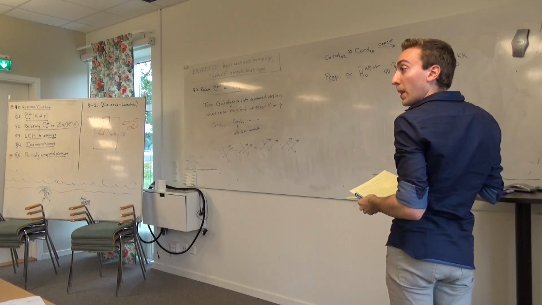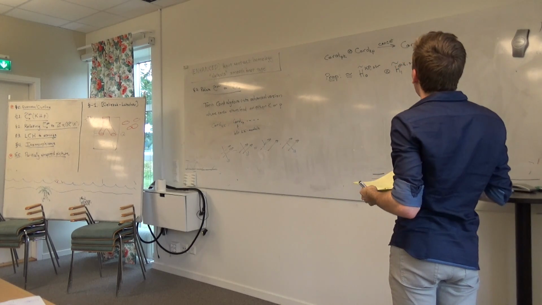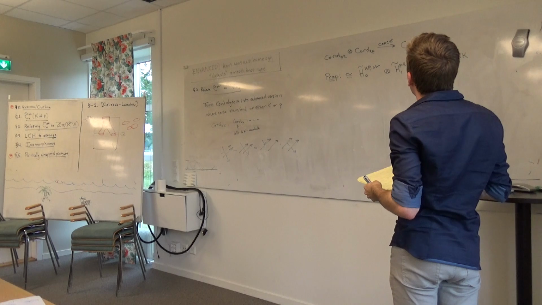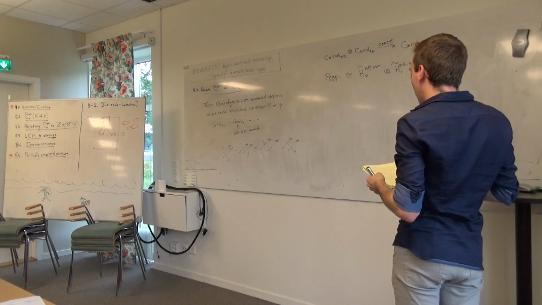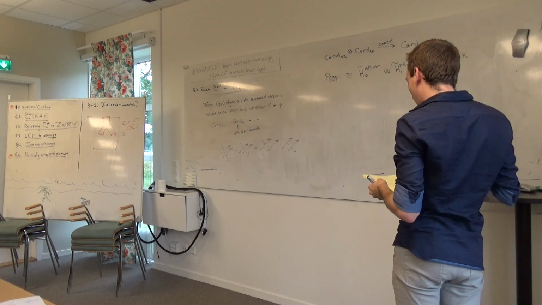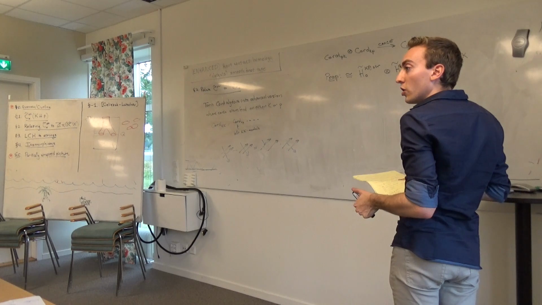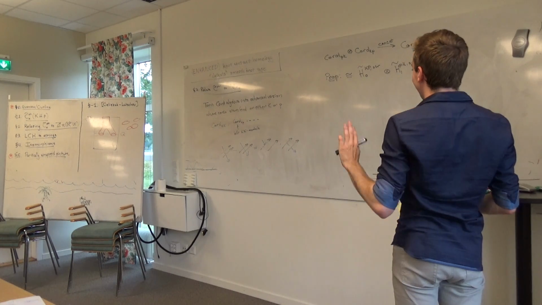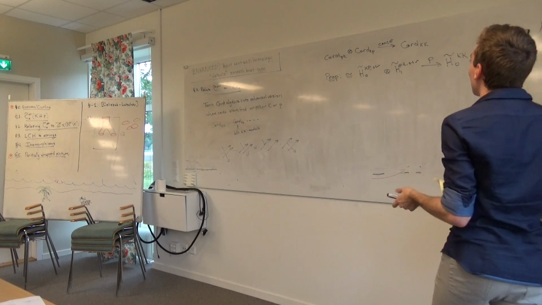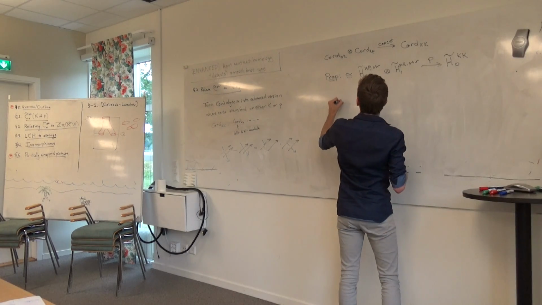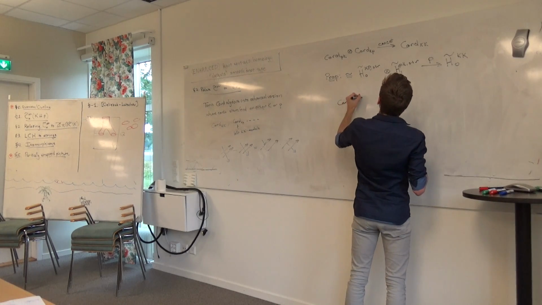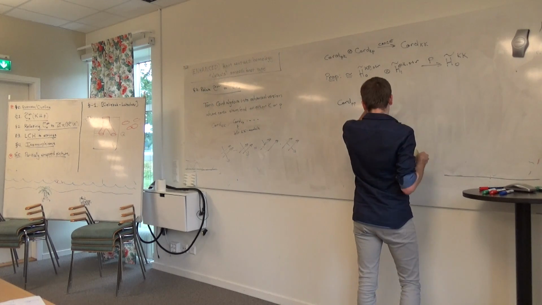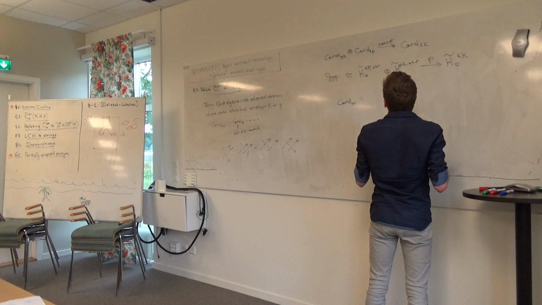I'm concerned about what chord PP means. Sorry? Is there also a chord PP? Yes. What you should define, if you wanted to define it, is you should think about chord PP as being equal to, how do you define it?